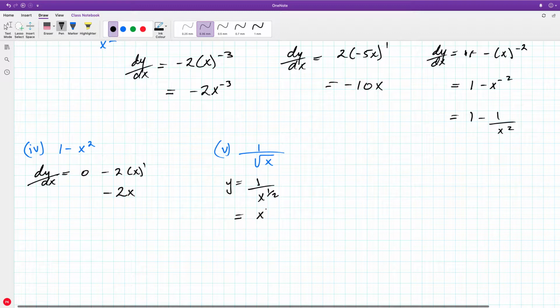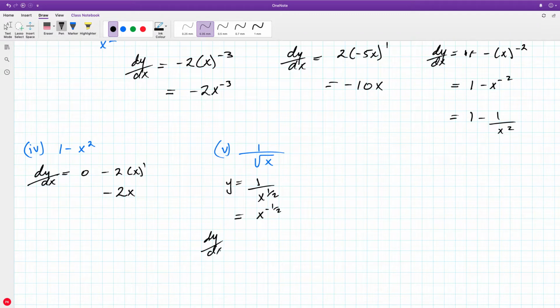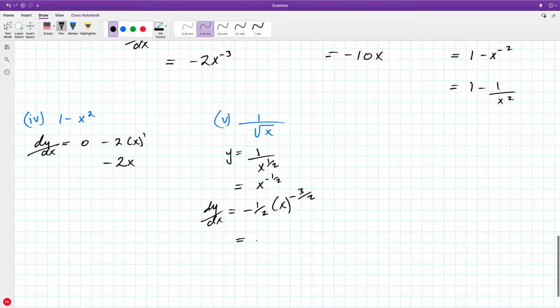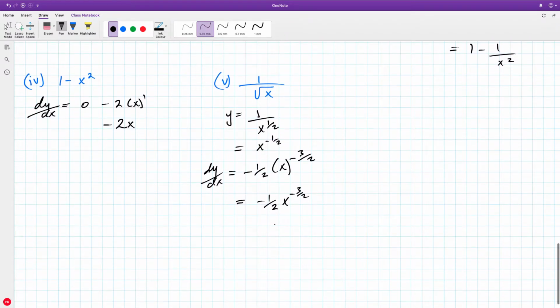That is x to the power minus a half when you bring it up. dy dx is bring down your power, minus a half times x, reduce your power by 1, minus 3 over 2, which is equal to minus a half x to the power minus 3 over 2, which is equal to minus 1 over 2x to the power of 3 over 2, just to make it look a bit nicer.